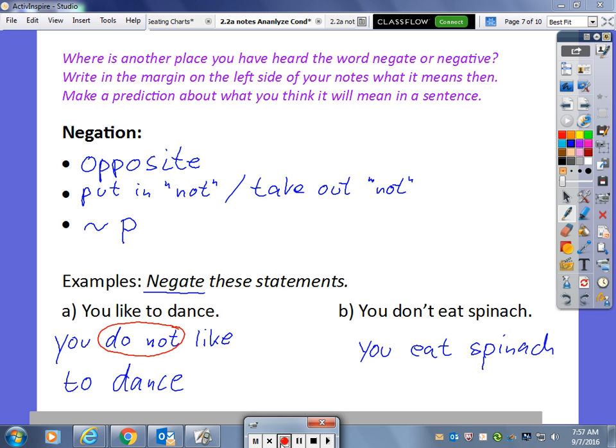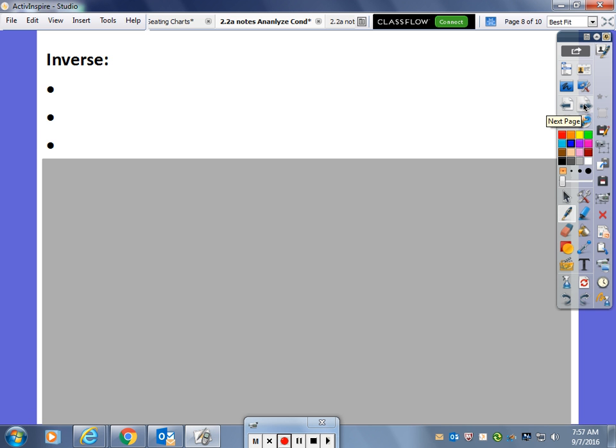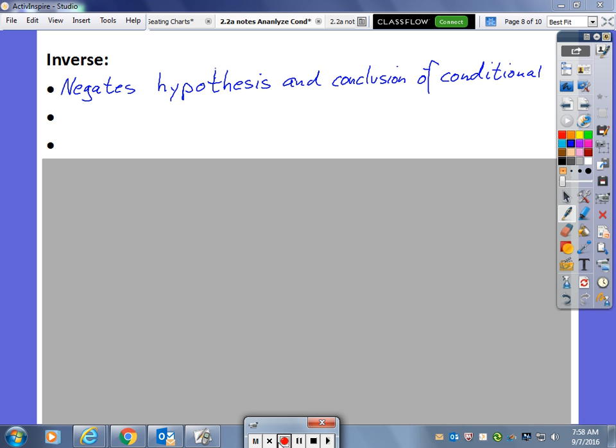And with that being said, we're now ready to talk about the inverse. The inverse negates the hypothesis and the conclusion of our conditional statement.